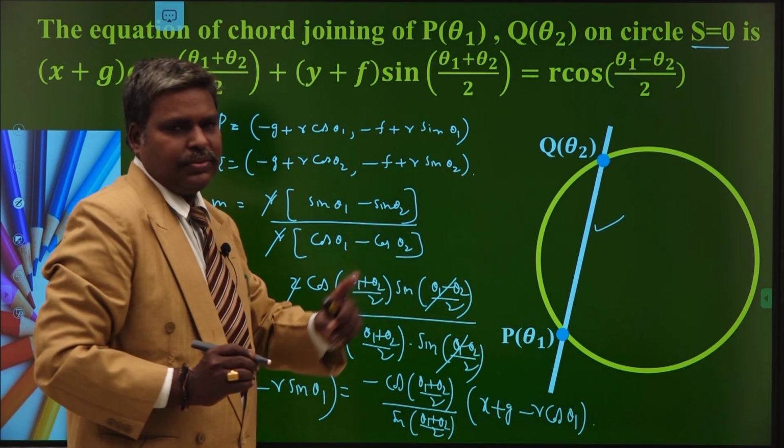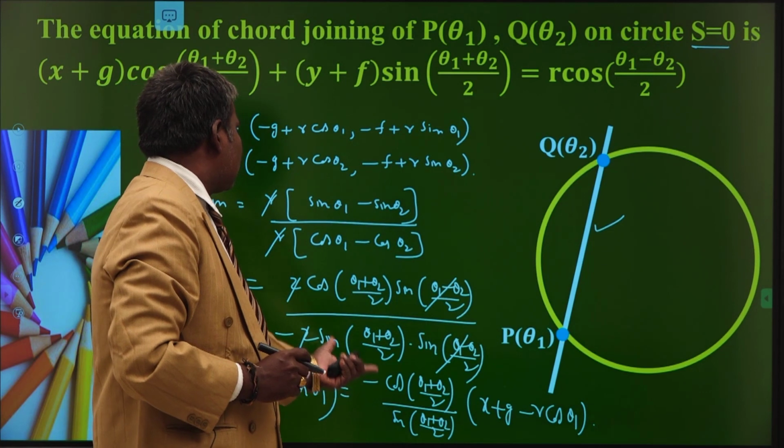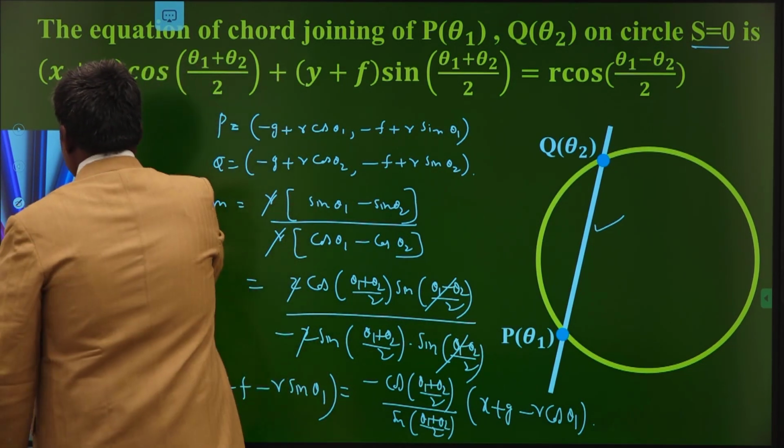This is the line joining the 2 points. Just by simplifying this equation, we get it in this manner.